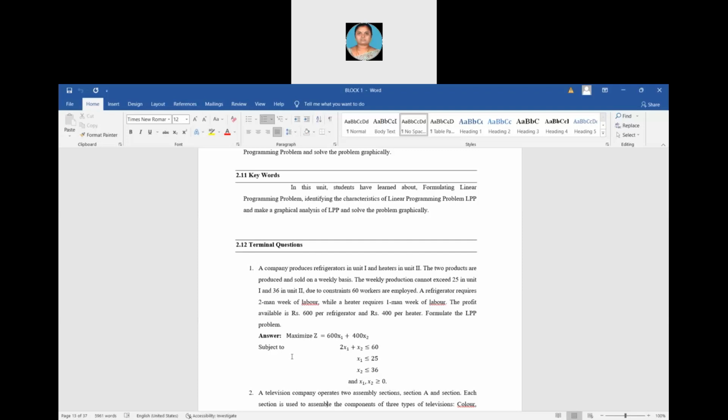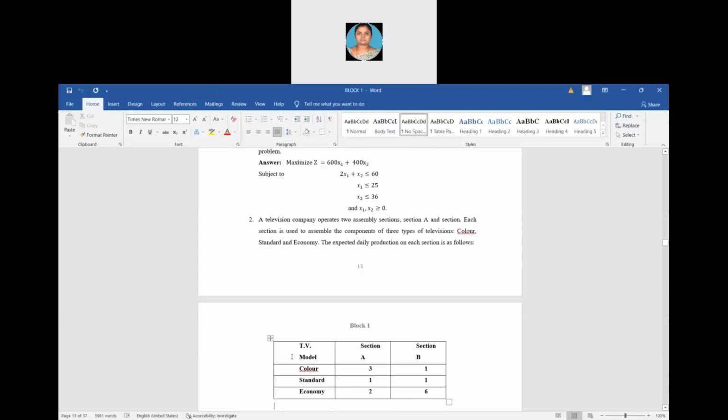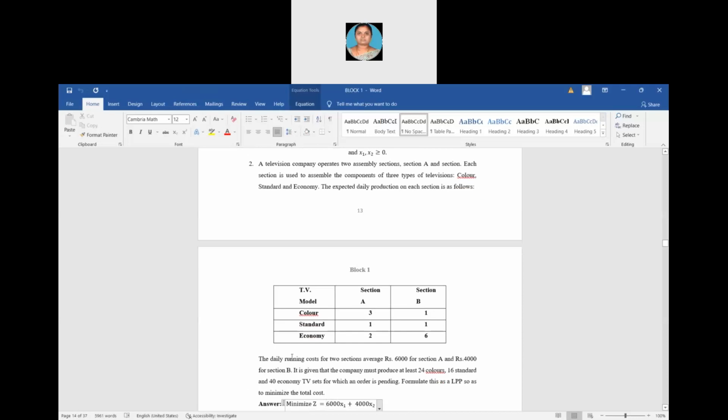So from there itself, we can identify our objective clearly, and we can set the objective function neatly. And in the second terminal question, they themselves have given: formulate the LPP to minimize the total cost. So minimize the cost and time, definitely it must be minimized only.